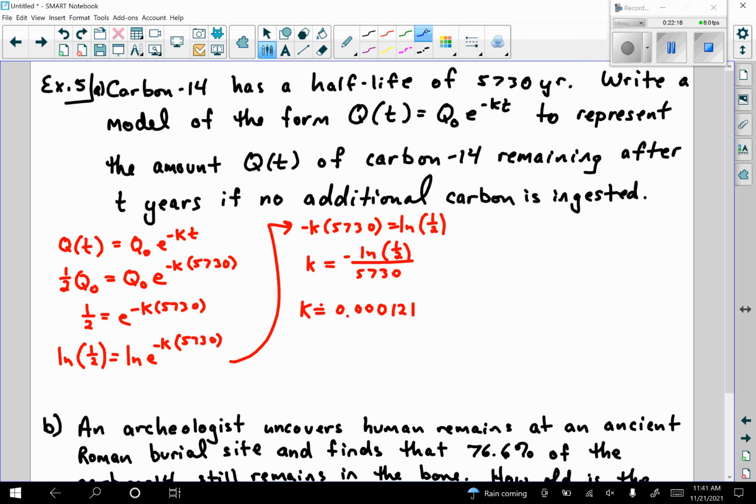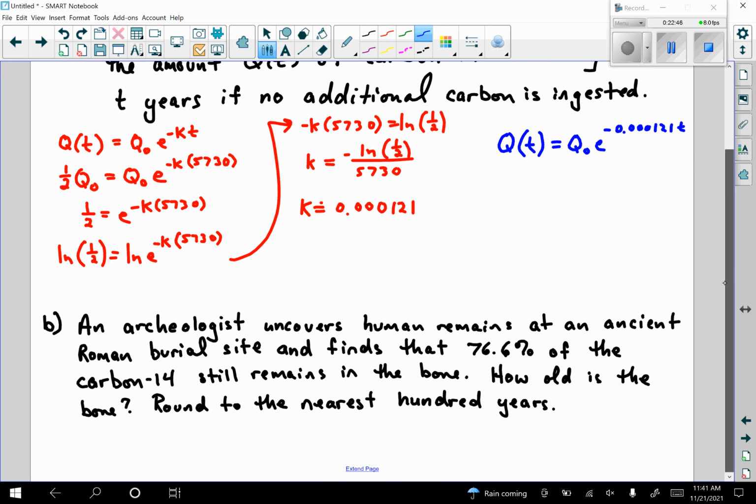So our model now is Q of t is going to equal this Q naught times e, and because k had a negative sign up here, now we're going to go back to a negative 0.000121 times t. Again, pause the video to copy down example B.